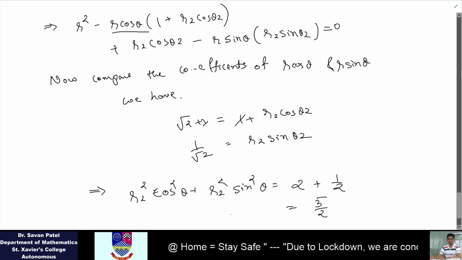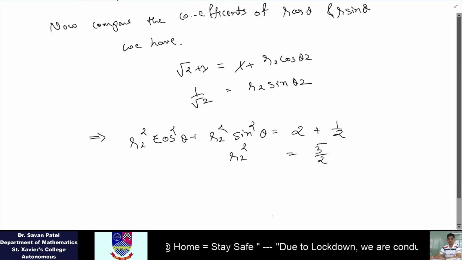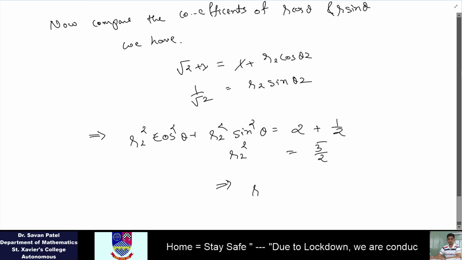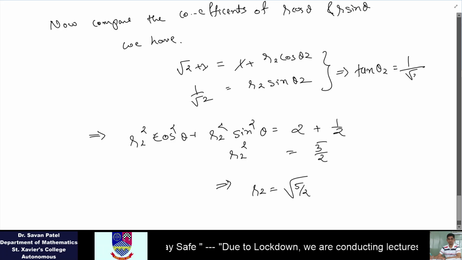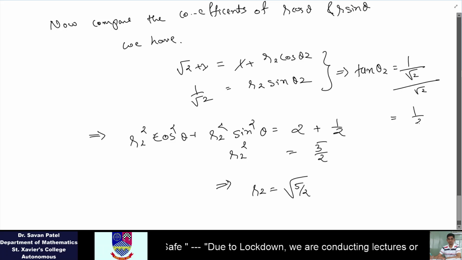And here it is r2 square, so your r2 is root 5 by 2. And if you want to find theta 2, then tan theta 2 is 1 by root 2 by root 2, that is 1 by 2.